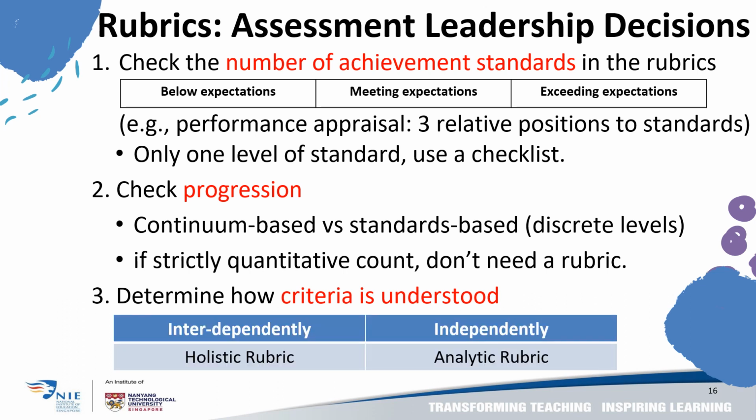In an exam rubric, a holistic rubric is usually used for ease of marking, and essentially we are saying that the criteria should be understood interdependently, meaning if one criterion is met, so are the other criteria. Whereas an analytic rubric is useful when we want to unpack a dense criterion into its subcomponent parts, and the different criteria can be understood independently.